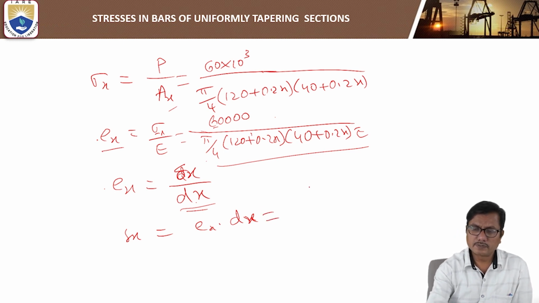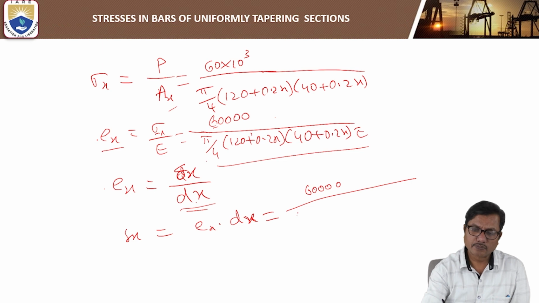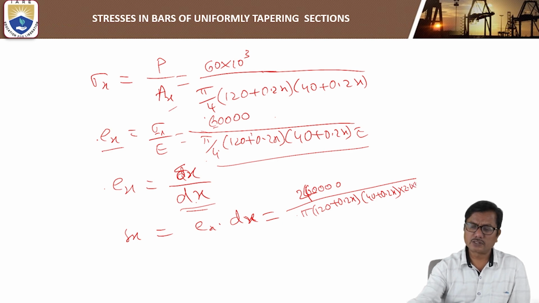So it comes out to be 60,000, you take this 4 to the numerator, 240,000 by pi into 120 plus 0.2x, 40 plus 0.2x, into 2.1 into 10 power 5. E is constant here.